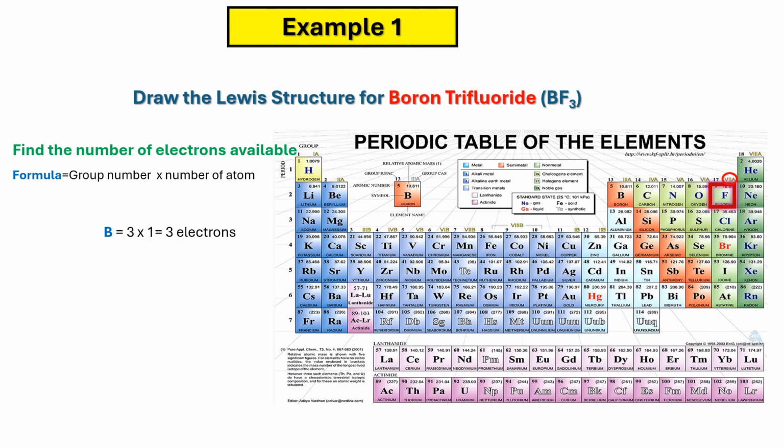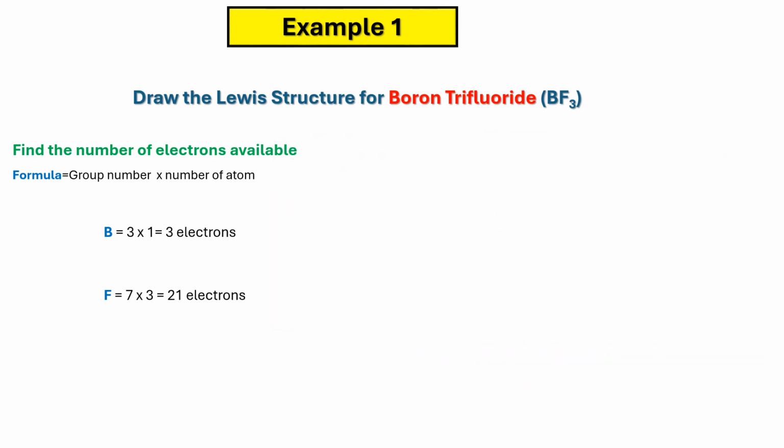Fluorine is in group 7A. So fluorine provides 7 valence electrons and we have 3 fluorine. So 7 times 3 equals 21 electrons. Together, we have 24 electrons.